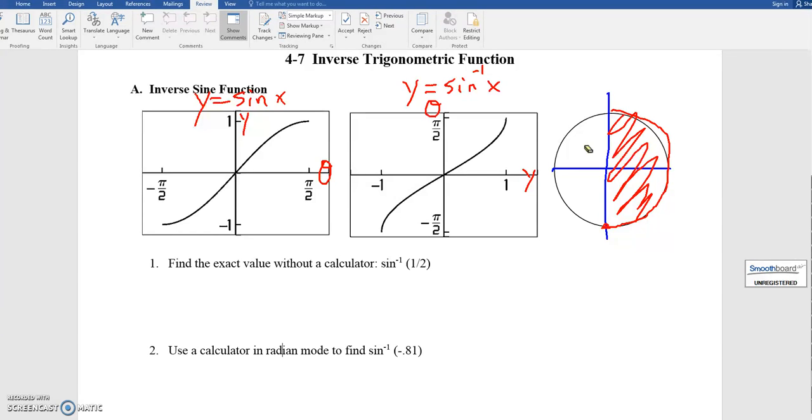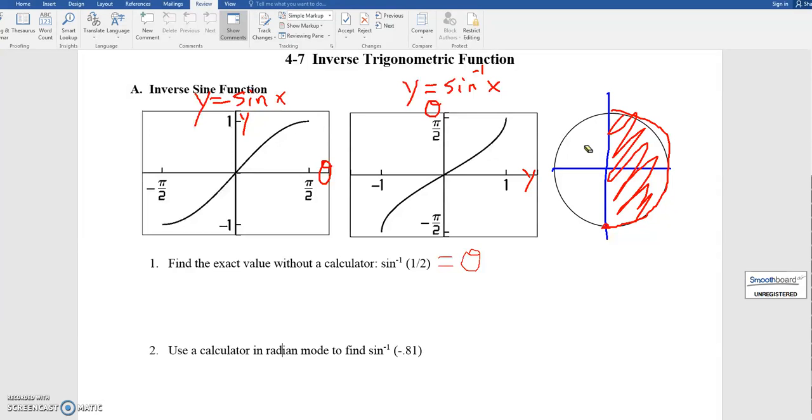So let's try a couple. If there's any questions with what we've covered so far, just make sure that you ask. But so far, if we looked at a question, it says find the exact value without a calculator of the inverse sine of 1/2. So what I do right away is I'm going to think in terms of, well, anytime I deal with inverse trig, they're really asking me for an angle measure.